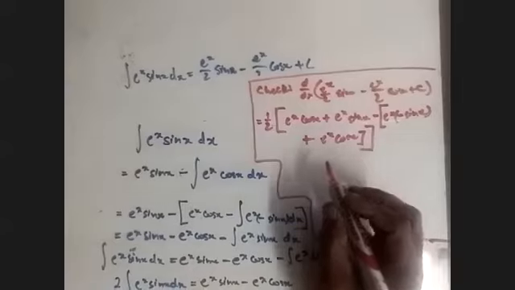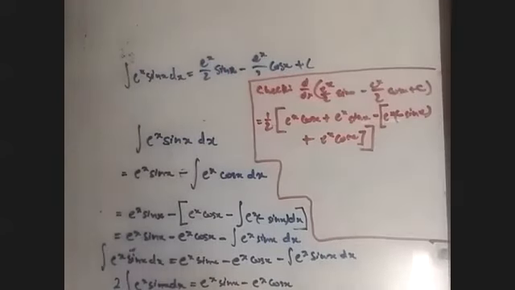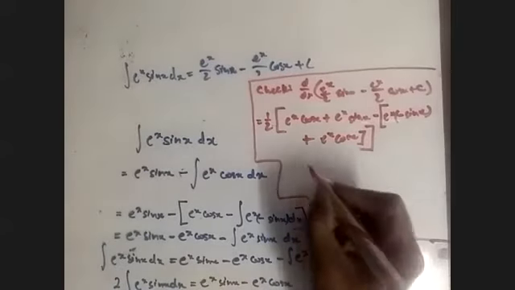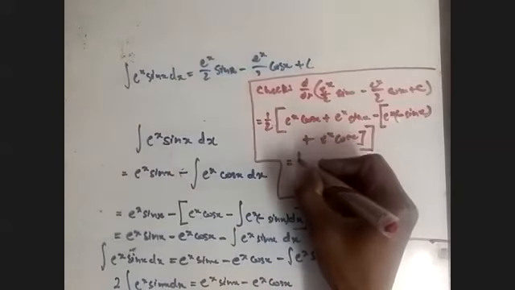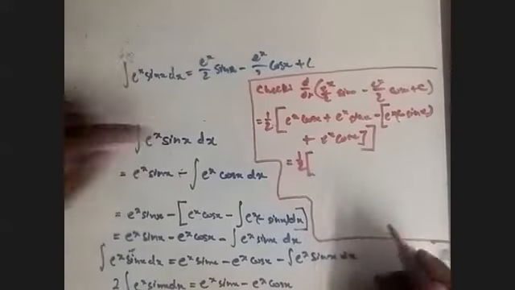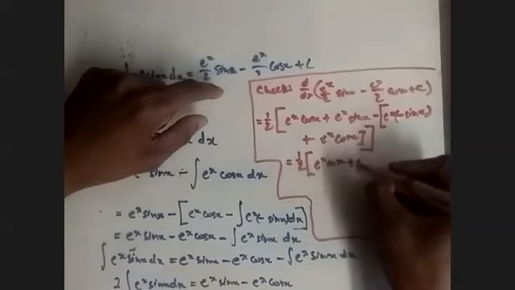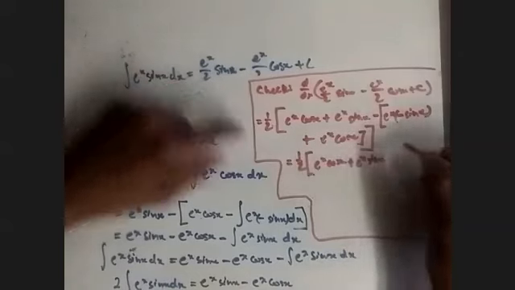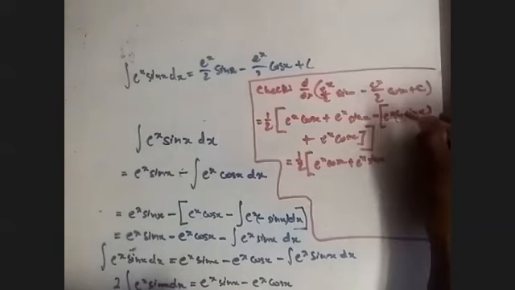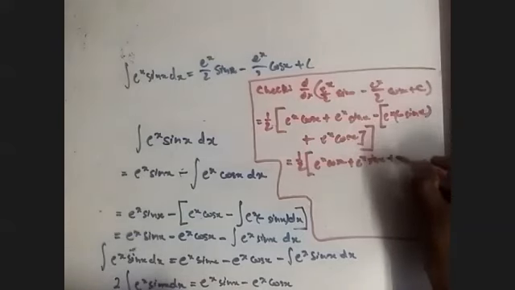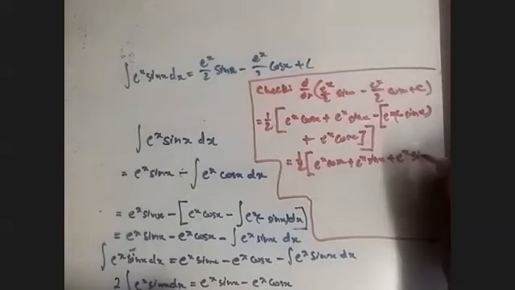So let us have 1/2. We're going to have e^x cos x plus e^x sin x. Then this negative times this negative becomes a positive, e^x sin x.